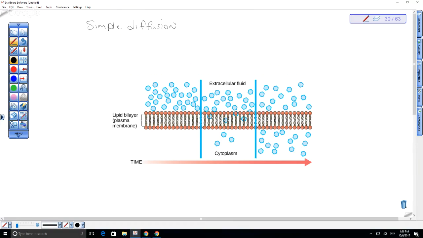And so this is where substances move from a higher to a lower concentration.